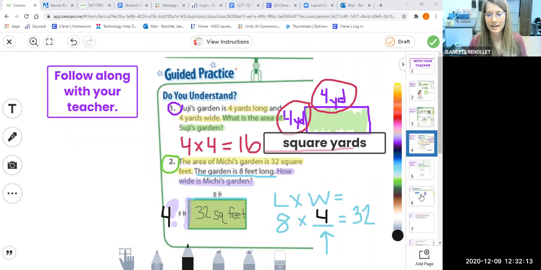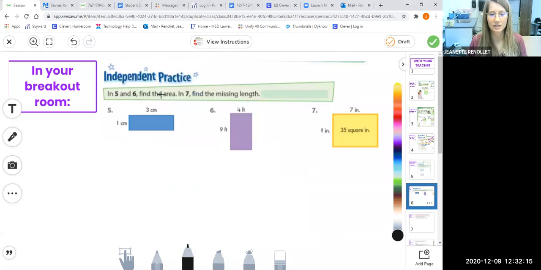Next, we're going to look at slide number 6. It looks like this. Here you have 3 problems to find in your breakout room. I'm going to invite you to breakout room, and I'm going to give you 5 minutes to work with your group.